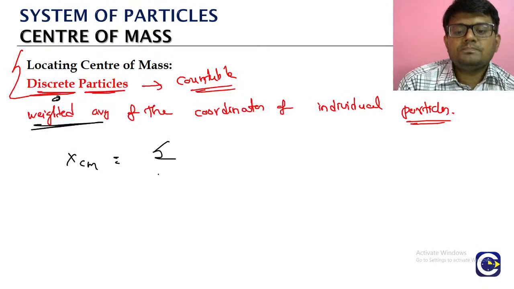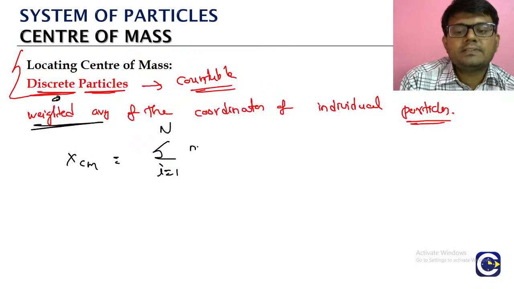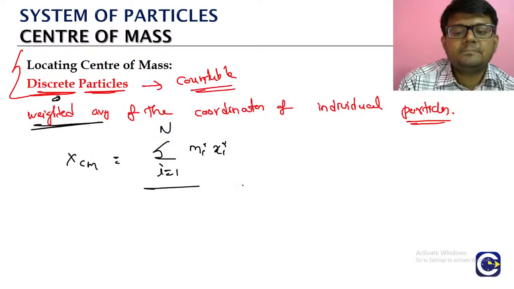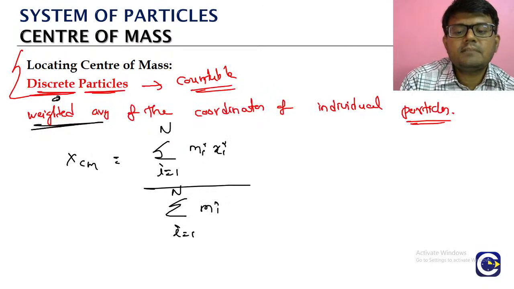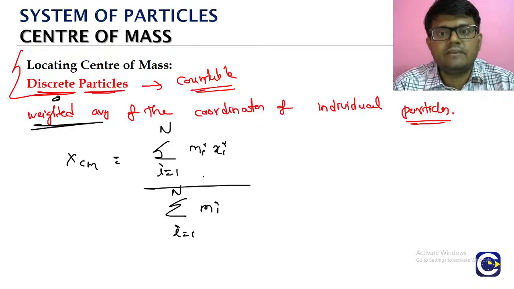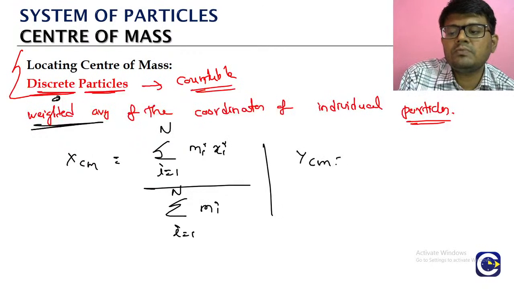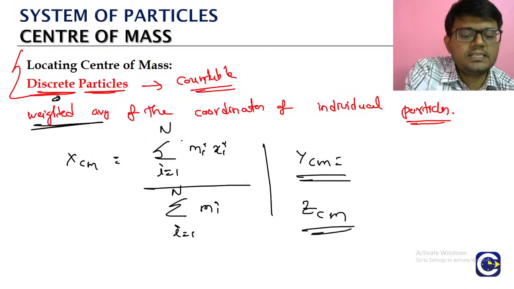If you have a total of n particles, sigma mi xi divided by sigma mi, where i changes from 1 to n, like the way we have seen: m1 x1 plus m2 x2, like that. Similarly y center of mass also, similarly z center of mass also. Okay, so this is the general notation.